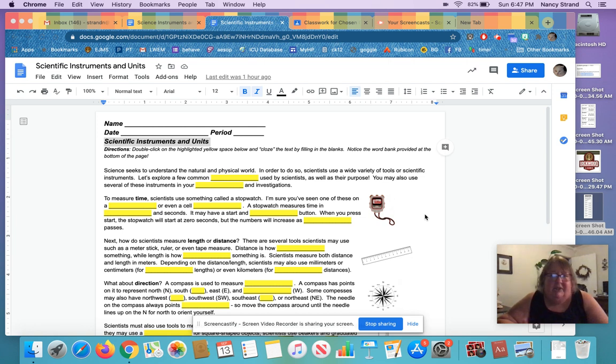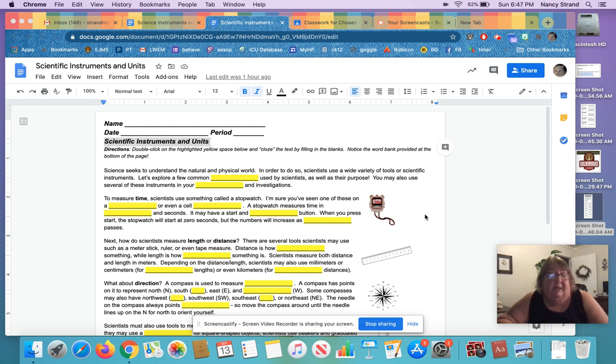That's how much space something takes up. While they may use a ruler for square-shaped objects, scientists use beakers and graduated cylinders to measure the volume of liquids and other objects. Volume is measured in milliliters.